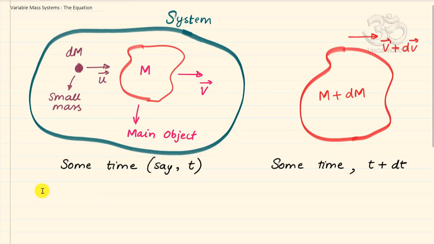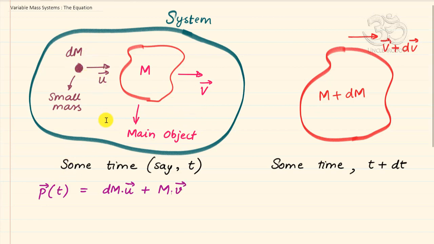So first we can say something about the initial momentum of the system, p initial, which is the momentum of the system at time t. This is a function of time t, and it is equal to dm times u plus m times v.